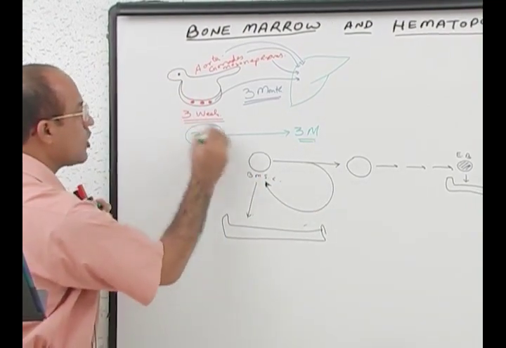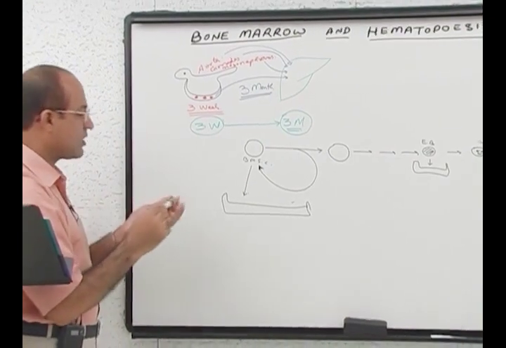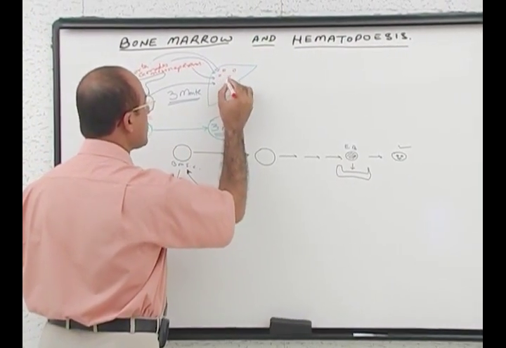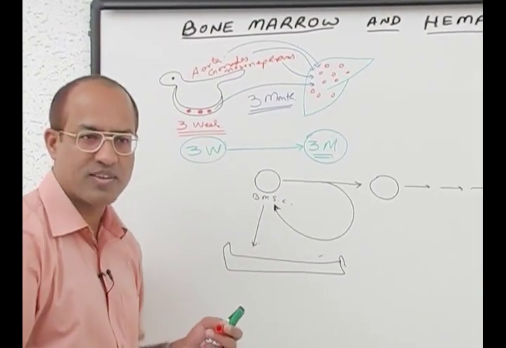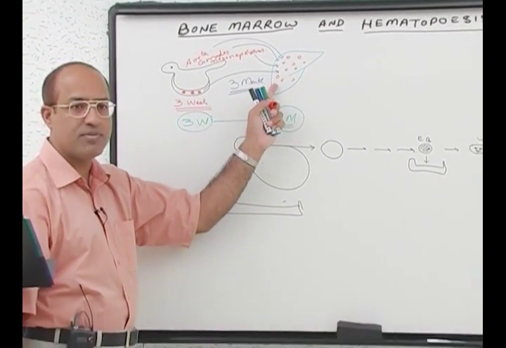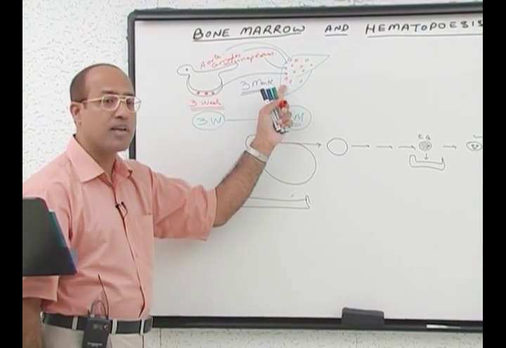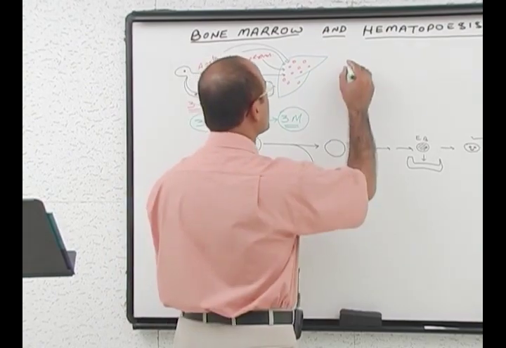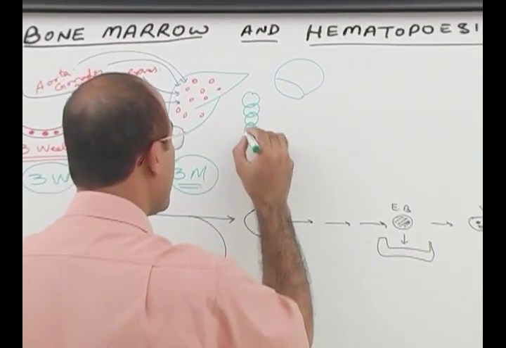Yolk sac 3 weeks, liver 3 months, right. So then the liver gets populated with these stem cells and becomes the major organ for hematopoiesis. It means that around the 3rd month of fetal life, RBCs, WBCs and platelets are mainly produced by the liver, and some of the stem cells may even go to the spleen and some even to the lymph nodes.